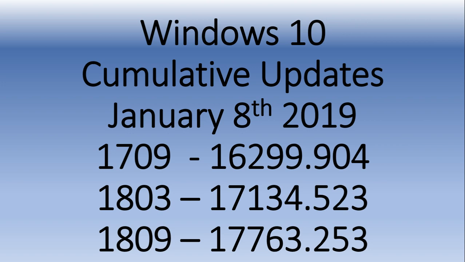The majority of you out there are on 17134.523 now, which is version 1803, or the April 2018 Update. So that is for the majority of you. That's pretty much the version you're running on Windows 10. And if you're on the latest version, 1809, the October 2018 Update, you're on 17763.253. So these are the updates.